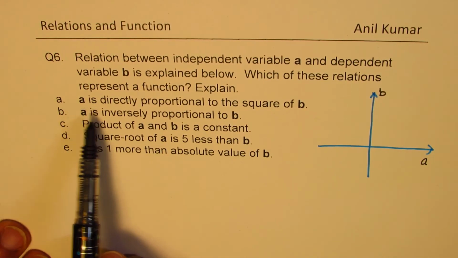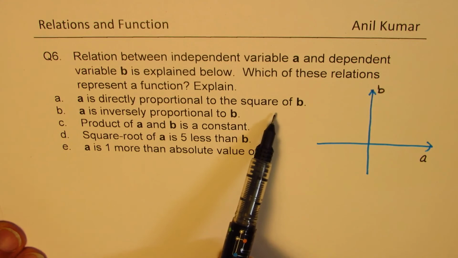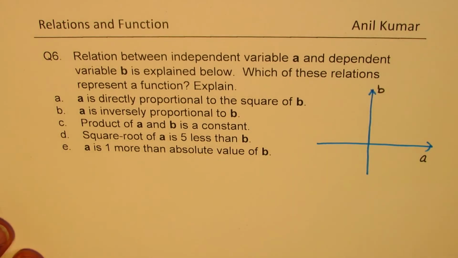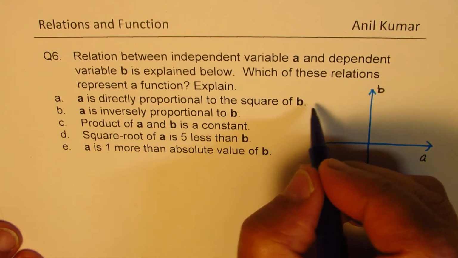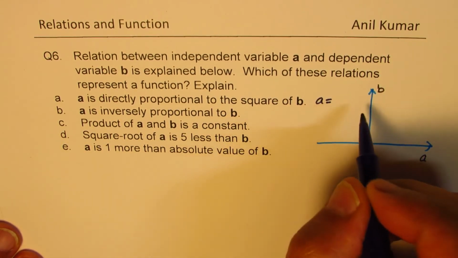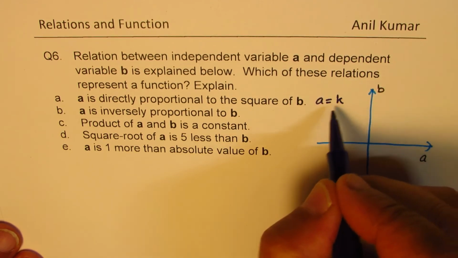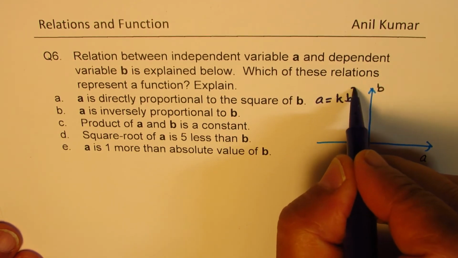Part A is directly proportional to the square of B. So in the first case, if I have to write an equation, A equals K times B square.